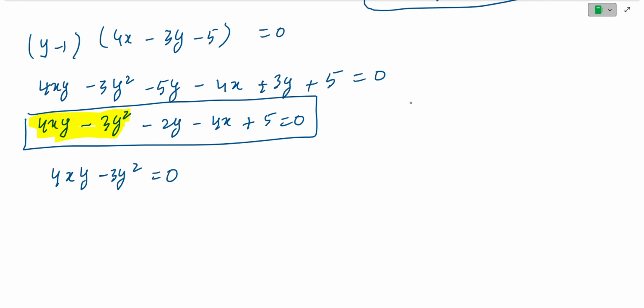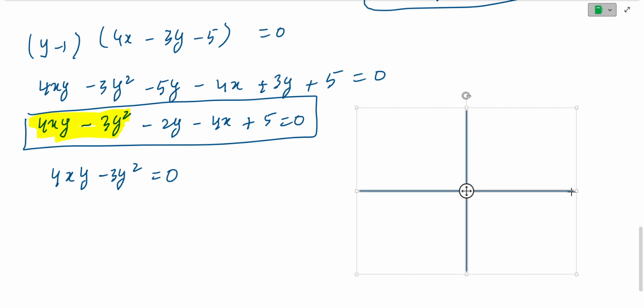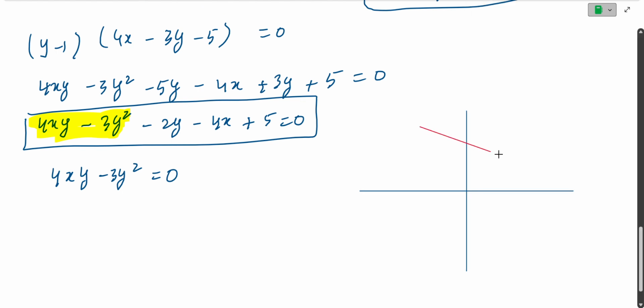If I take a coordinate axis in this way, and I have two straight lines somewhere else here, I'm drawing one straight line here and one more straight line here. These are the pair of straight lines we have.